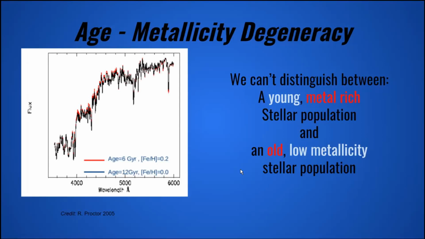As you can see here, the ages are double, and still the two spectra are exactly the same. So sometimes we can try to distinguish between the two based on other things. But in terms of only spectral analysis, that's the most challenging issue we have.